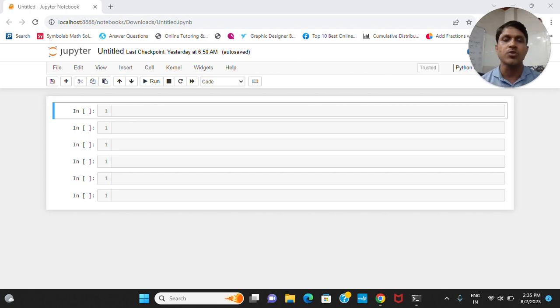To solve any problem related to statistics, I have to import from the scipy module, stats, and from stats I have to import the normal distribution, that is in short norm.